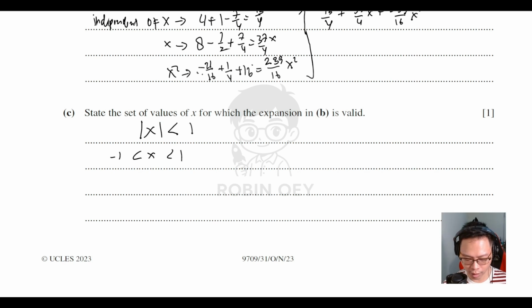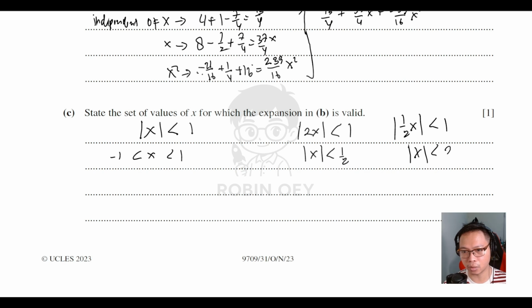So we have 2x here: either 2x less than 1, which is x less than half, or half x less than 1, so x less than 2.